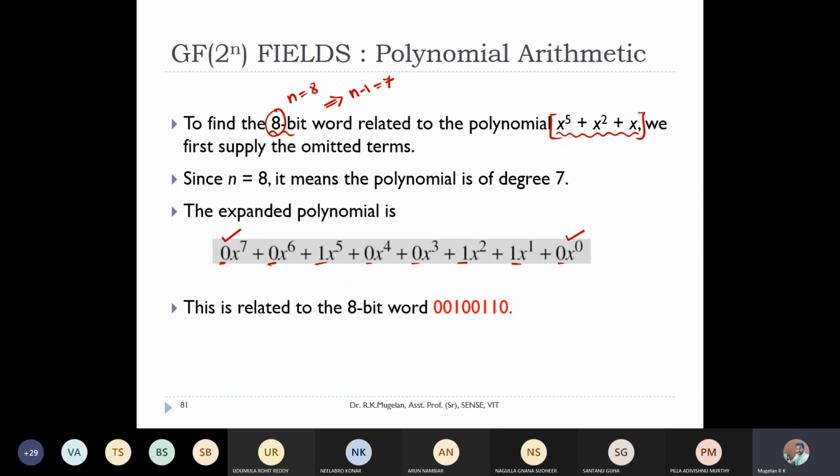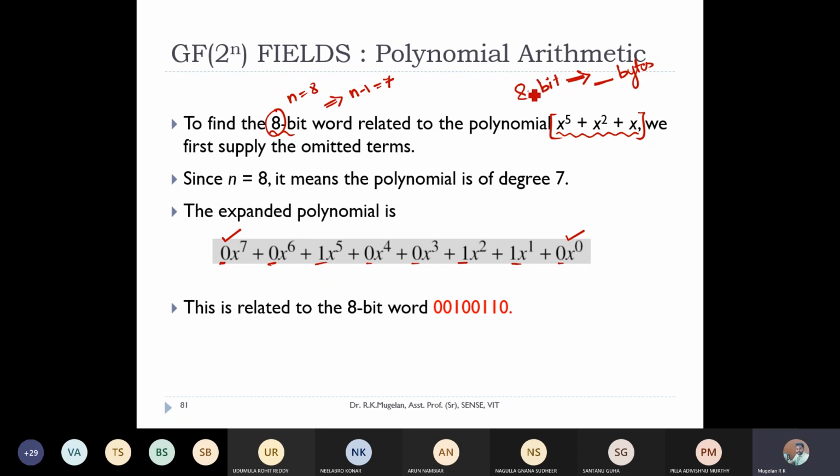So sir, there is a trivial question for you. Why are we taking this 8-bit only as an example? Can anyone tell? 8-bit makes how many bytes? Why are we specifically concentrating on this 8 bits alone?